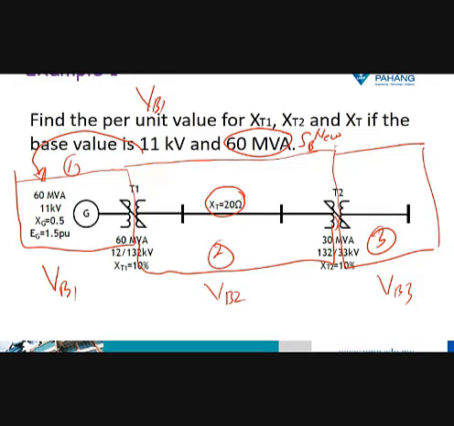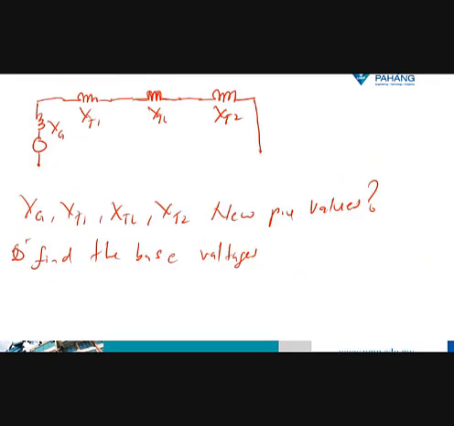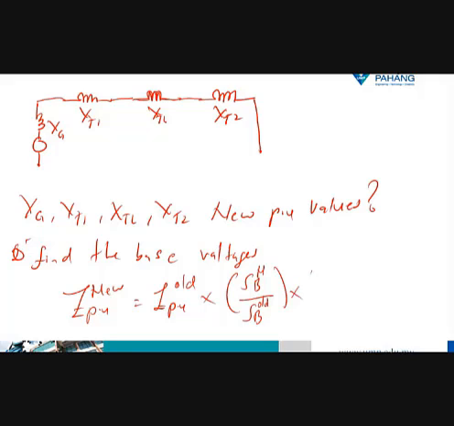To calculate the new per unit values, Z per unit new equals Z per unit old times S base new over S base old times V base old over V base new squared. This is the equation to calculate the new per unit values.